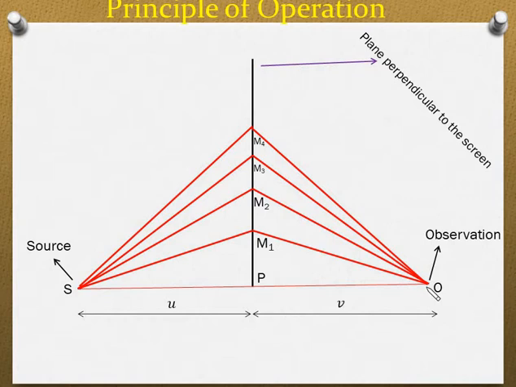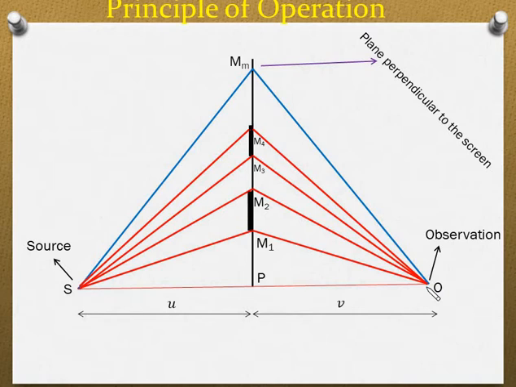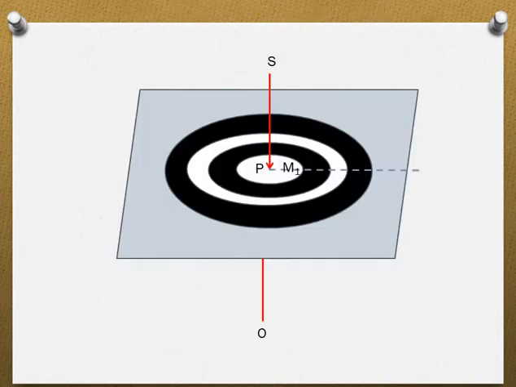Then we can draw m number of zones like this. And the alternate zones are opaque, and that's what the zone plate is like. Alternate zones are opaque. We can visualize this image like this.